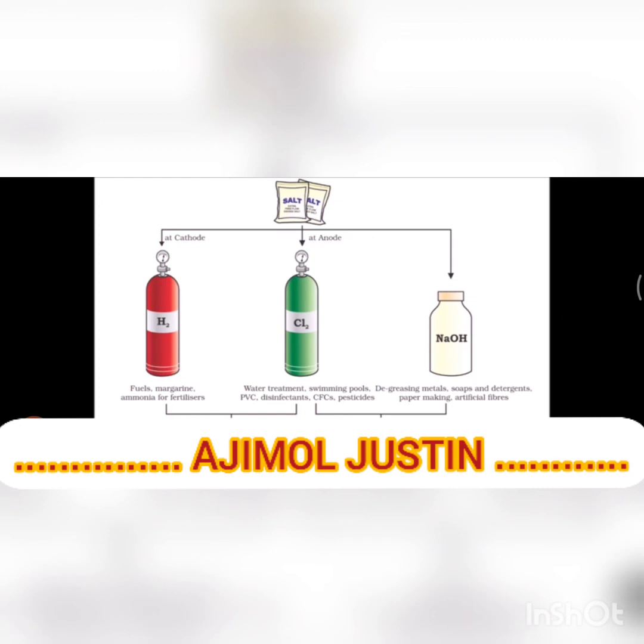Sodium hydroxide can be used in degreasing metals, soaps and detergents, paper making and artificial fibers. If hydrogen and chlorine react together, you will get hydrochloric acid, which can be used for cleaning steel. Ammonium chloride is used as medicine, cosmetics. If NaOH and chlorine react together, you get bleach, which can be used for household bleaching and bleaching fabrics.